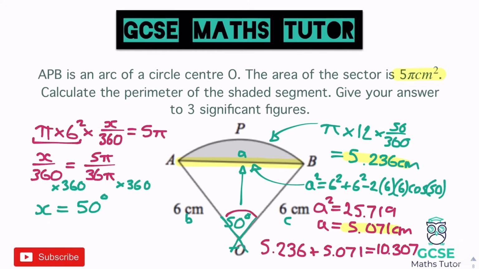Now it wants the answer to three significant figures again, so let's write this down over here. It would be 10 point and then 3 centimetres. Obviously there's a 0 after the 3, so it just becomes 10.3 to three significant figures. Right, and there's our final answer for this question.